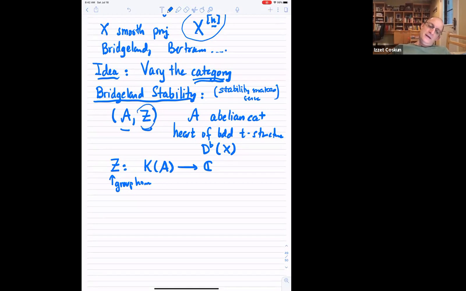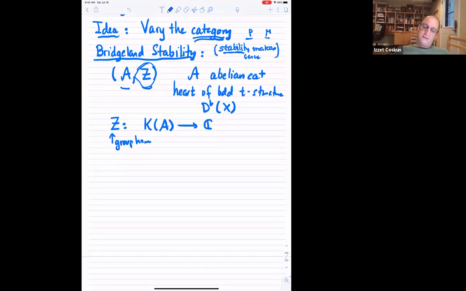This Z is going to take the place of the stability things that we talked about, like the reduced Hilbert polynomial or the slope. So Z will sort of replace things like the reduced Hilbert polynomial or the slope, okay? So now what are the conditions? It's a pair: an abelian category together with a group homomorphism satisfying a bunch of conditions.